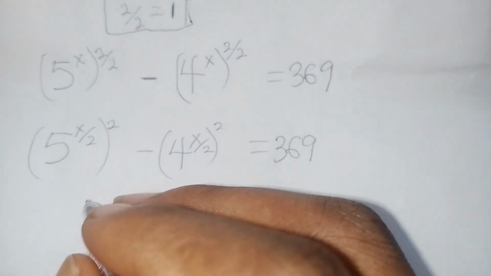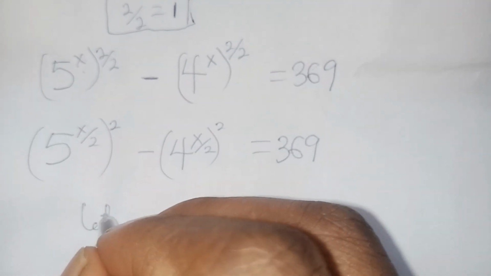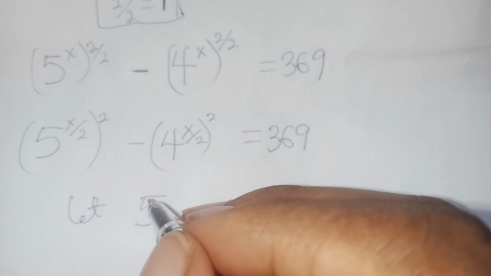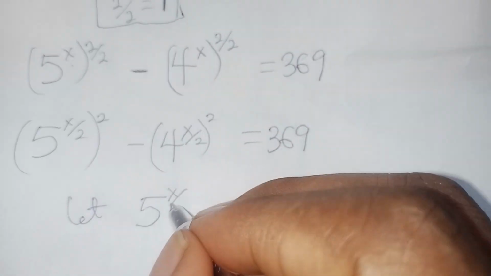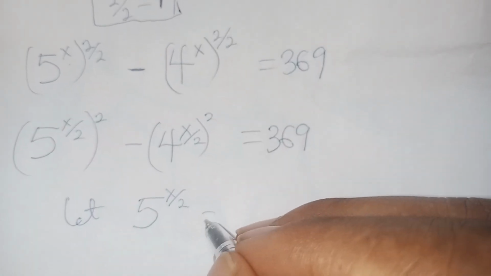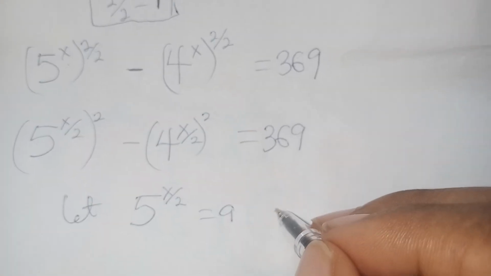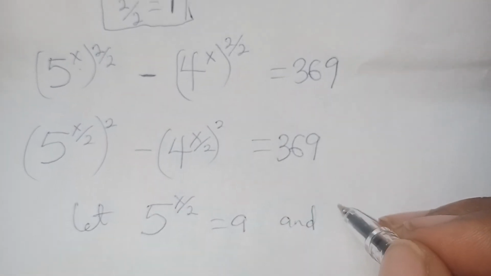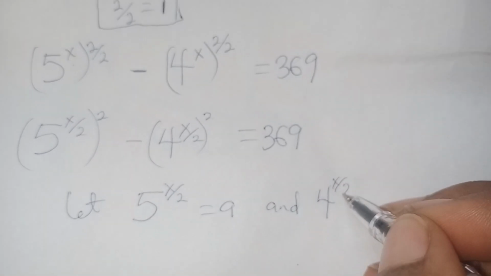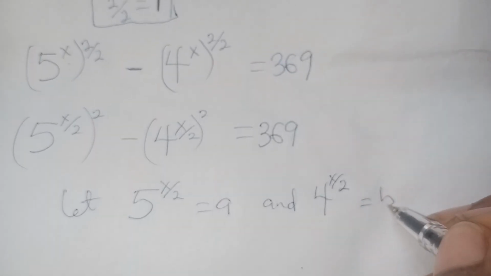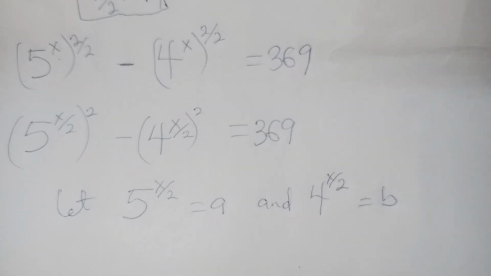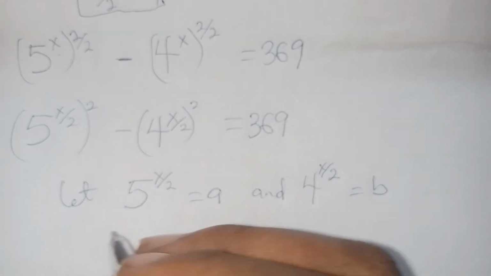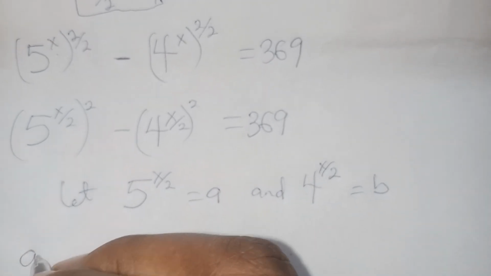So next thing we're going to do, we're going to say let 5 to the power of x over 2 be A, and 4 to the power of x over 2 be B. Okay, next thing we're going to do, we're going to substitute that, and we have something like this.